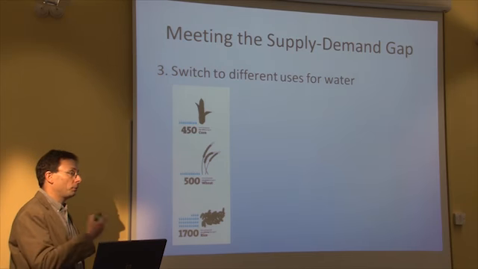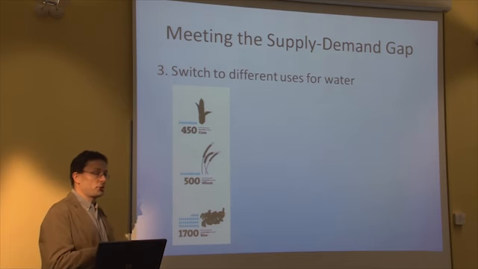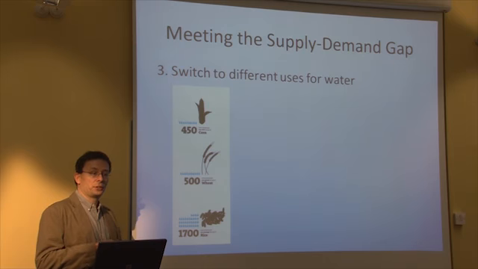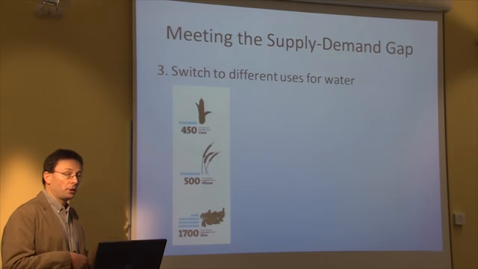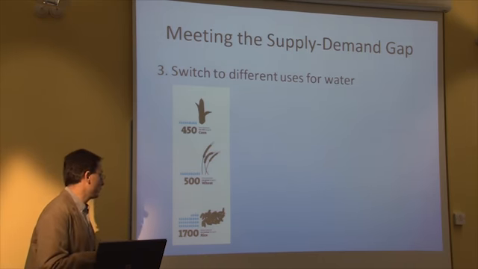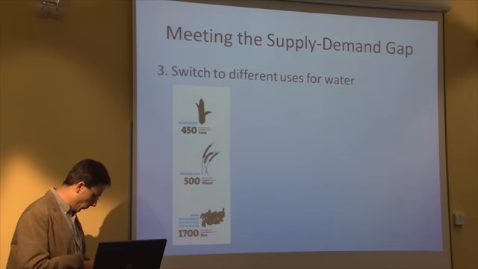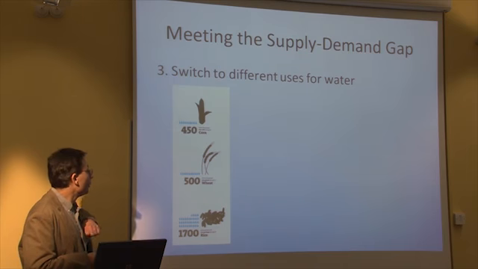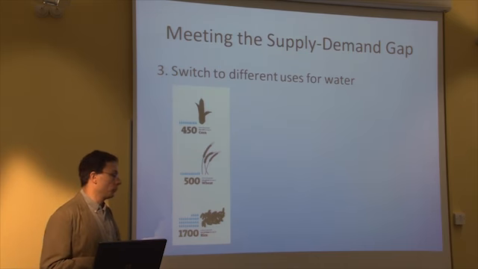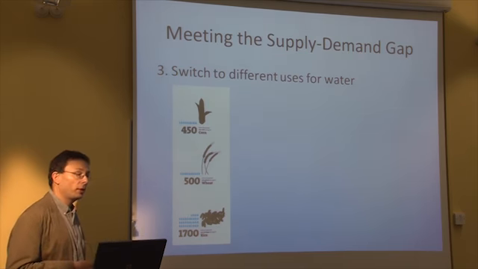So we're not becoming more efficient in the way we produce the same crop, but we're actually shifting the types of crops that we produce to crops that are less water-intensive. The same arguments go for the use of animal foodstuffs, which have a very high water footprint.